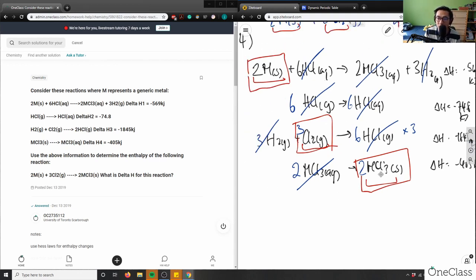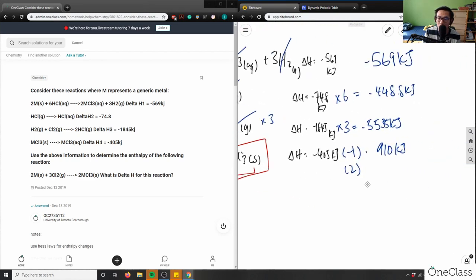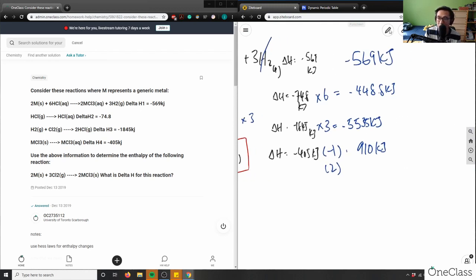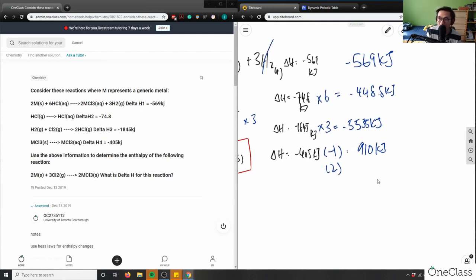So I can cancel out the 2 MCl3 in the aqueous form and the 2 MCl3 in the aqueous form here. That's signified by this 2 here. So I can add all of these enthalpies up to get the enthalpy of my reaction for the first one. Let's add this up.